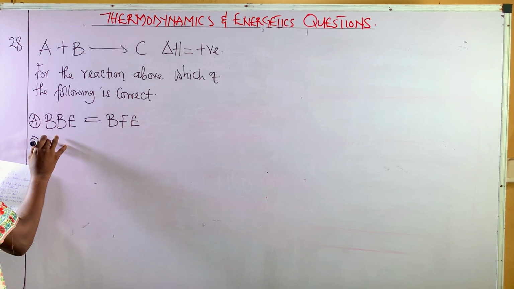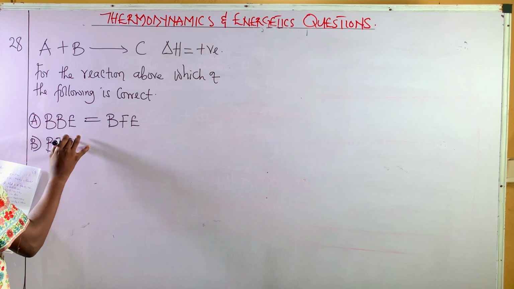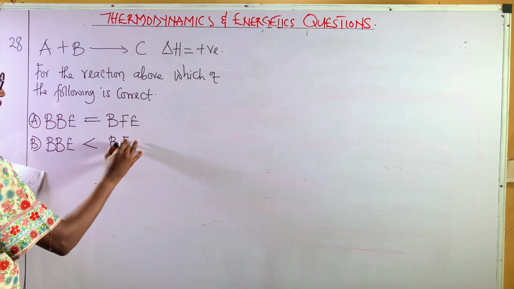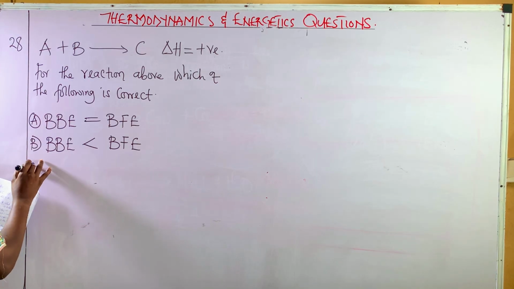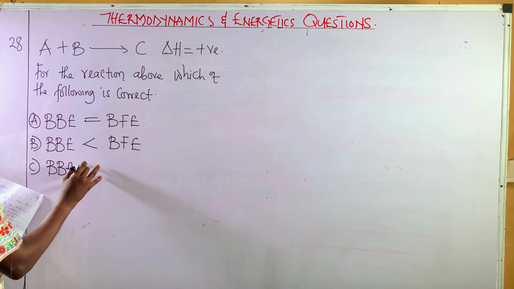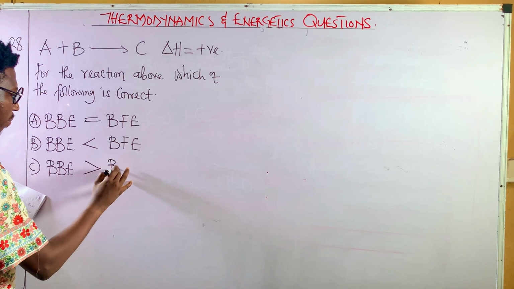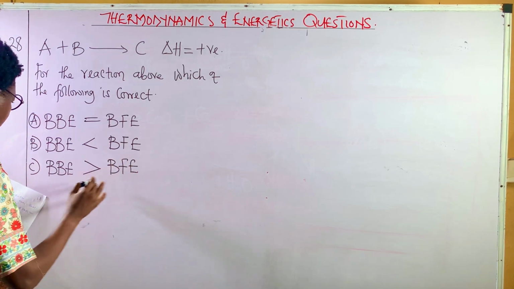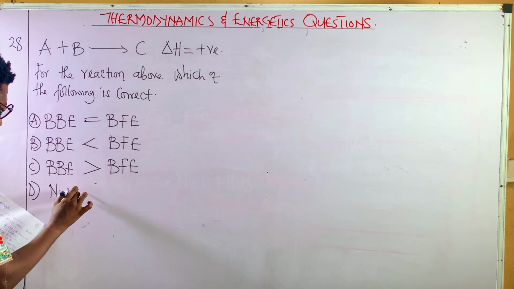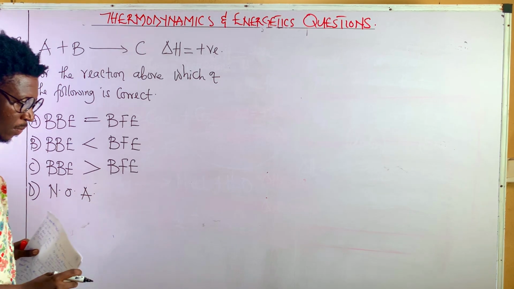Option B, BBE less than BFE. Option C, BBE greater than BFE. Option D, none of the above.